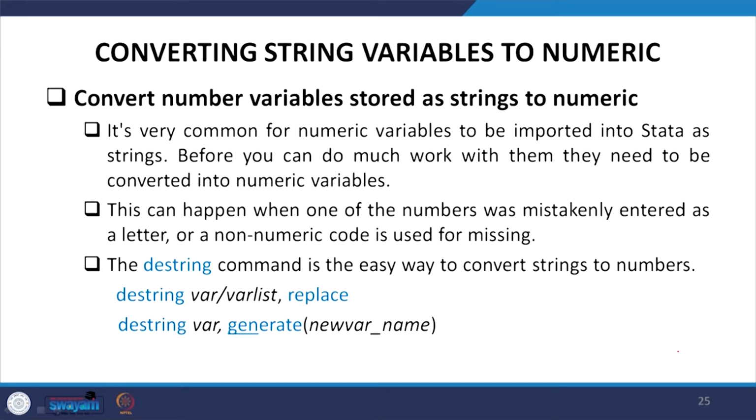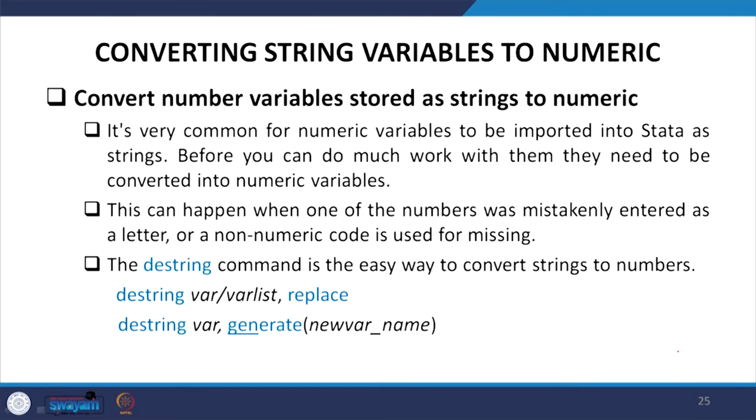That can be further converted to labeled numeric values. Basically, there are numeric variables or number variables, but stored as string, and we need to convert them to numeric to do our operations.